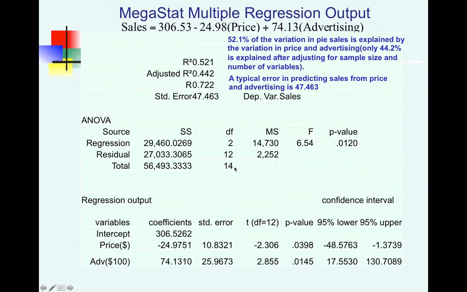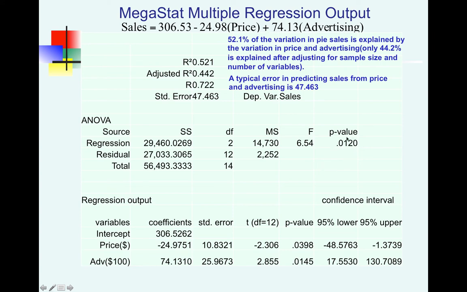The ANOVA table is the same as before. We get a p-value here that answers the question: does this model significantly predict pie sales? And the more specific way of thinking about that is, is there at least one of the independent variables that is a significant predictor of pie sales? It doesn't necessarily mean both, it just says at least one.